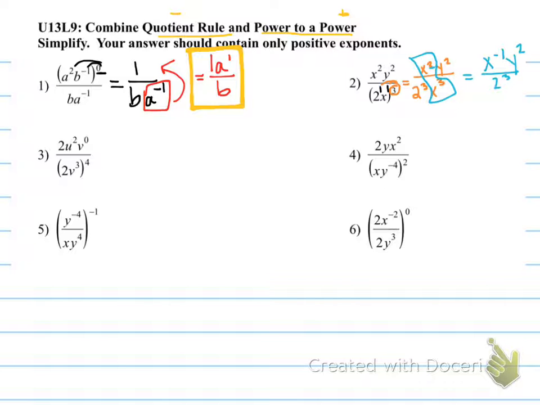Our negative exponent here is this x to the negative 1. We're going to bring that to the bottom to make it positive. So on my numerator, I'm left with y squared. On the denominator, I have 2 to the third, so 2 times 2 times 2, which gives us 8. Then I'll bring down that x to the first power for my final answer.